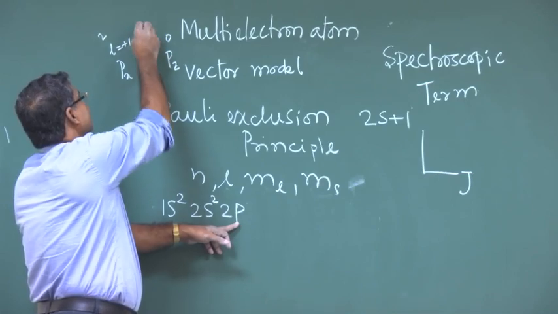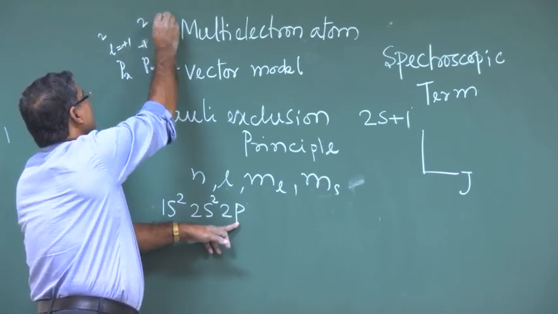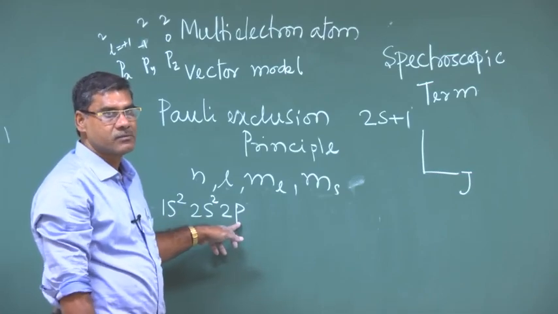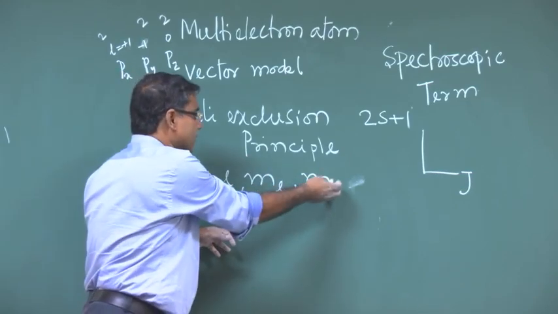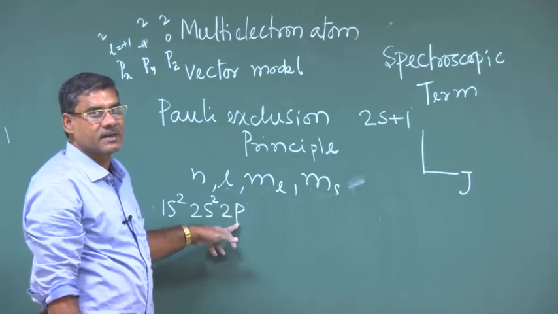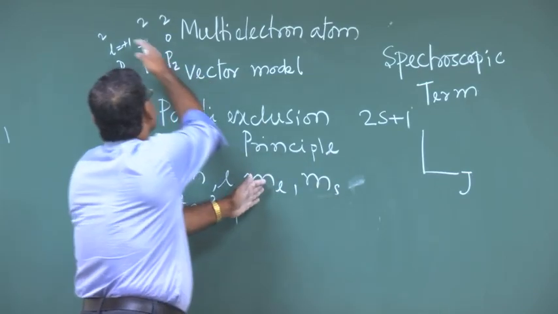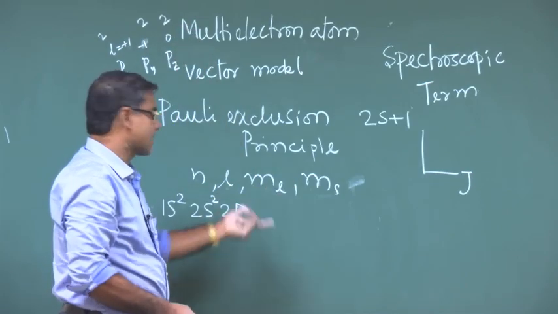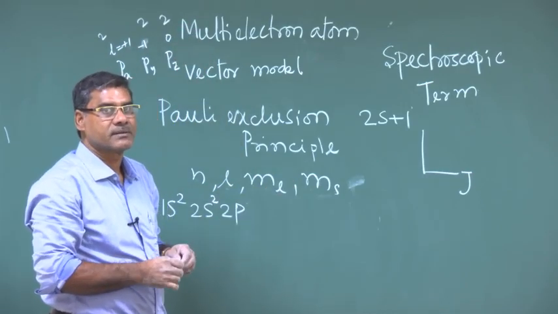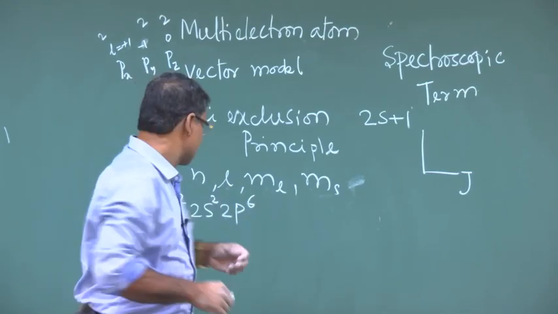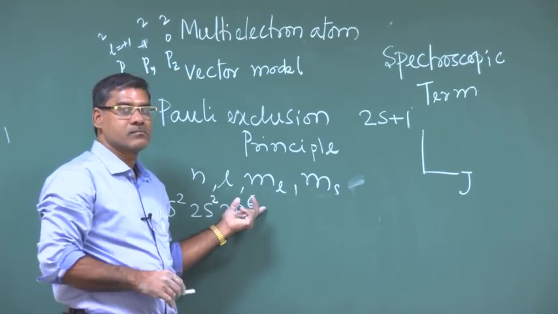Similarly for the other, minus 1, I can put 2 electrons, and for ml equal to 0, I can put 2 electrons, ms plus half, minus half. Okay. So, ms is plus half, minus half, but ml varies. Thus, a maximum of 6 electrons one can put here. So, I have put already 10 electrons.